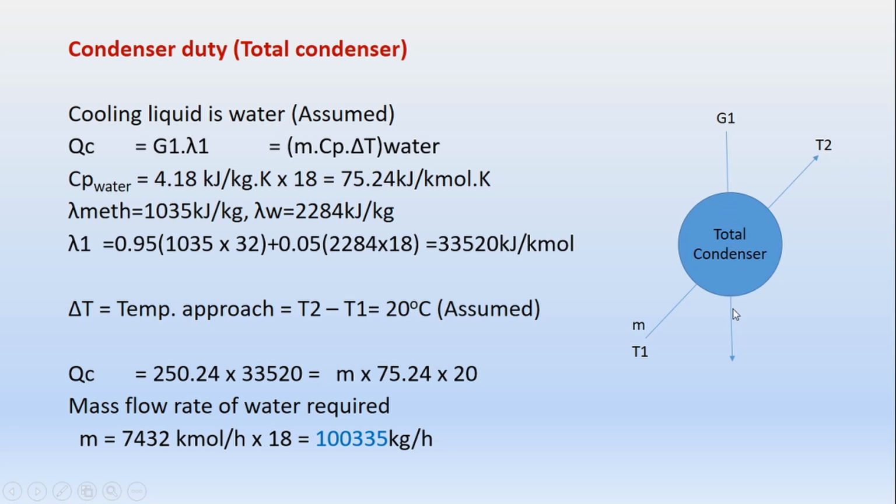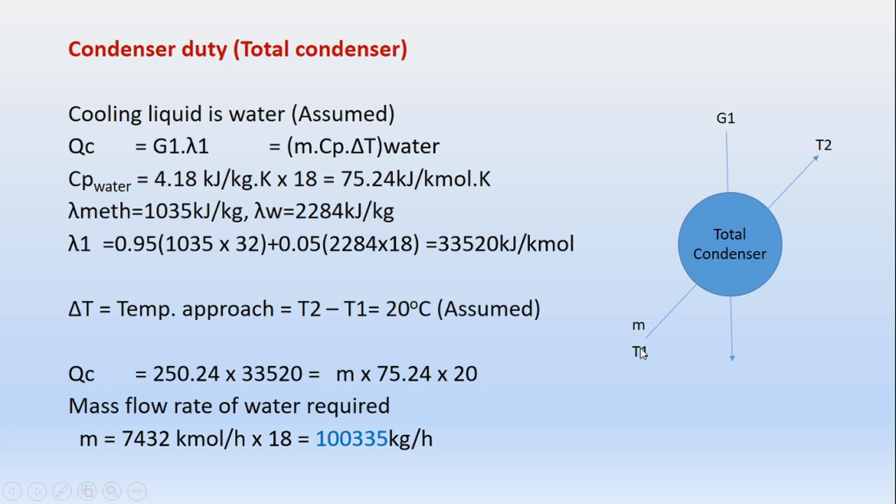This gets converted to a saturated liquid, which goes out as the distillate and also as the reflux. So it happens in a condenser, and in this condenser we are using a coolant whose flow rate is, let us say, M. Okay, M is the flow rate of the coolant, and the inlet temperature of this coolant is T1 and the outlet temperature of this coolant liquid is T2.